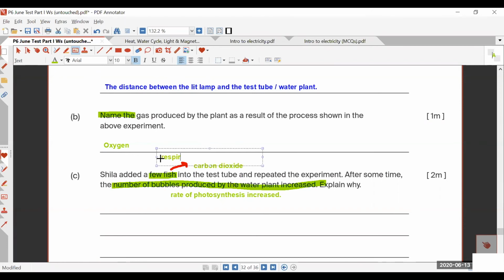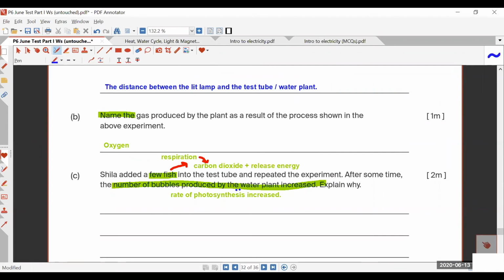So all these terms must come out in your head already. When you look at all these one by one, they link together. So in respiration, you will produce your carbon dioxide, and of course you also release your energy, but the energy is for the fish itself. It doesn't benefit the plant. Because they ask you how the water plant gets affected, that is the one that you're looking at.